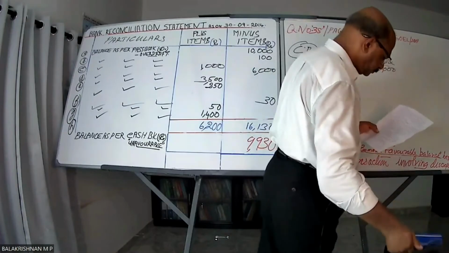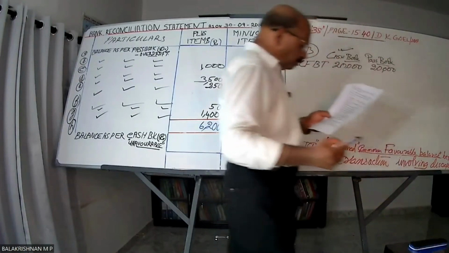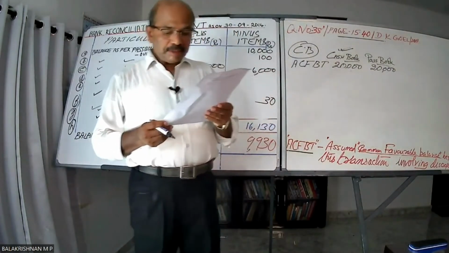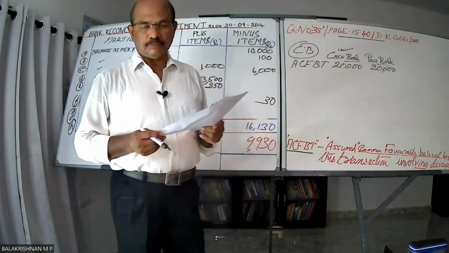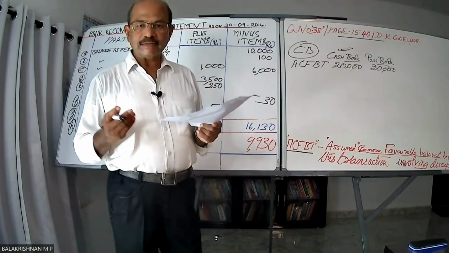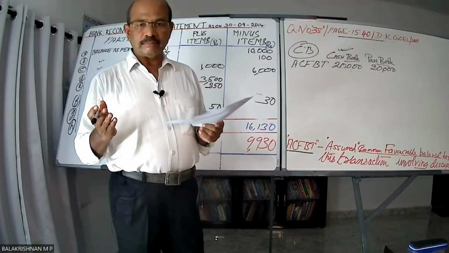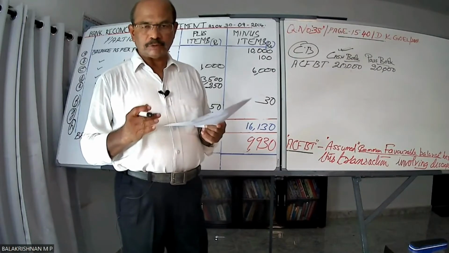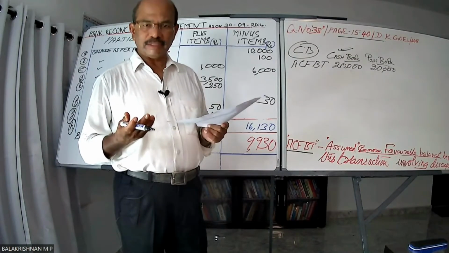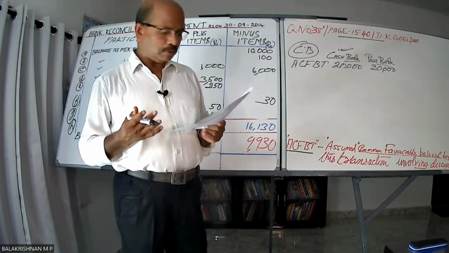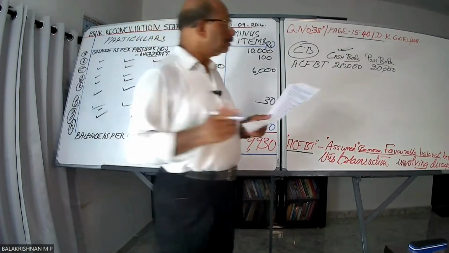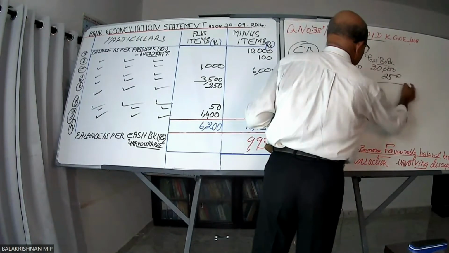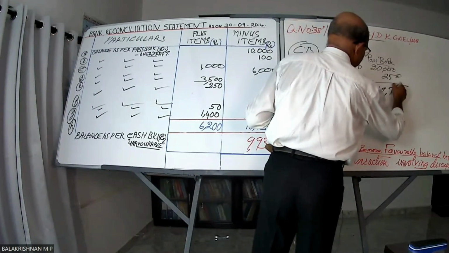Next one. Fees of rupees 250 paid directly by the bank was not recorded in the cash book. I must have instructed my bank that as and when a particular fee comes to you, please pay. But I was not aware whether they paid or not. Now only I come to know. So the bank had paid it, and the bank balance had come down to 19,750.